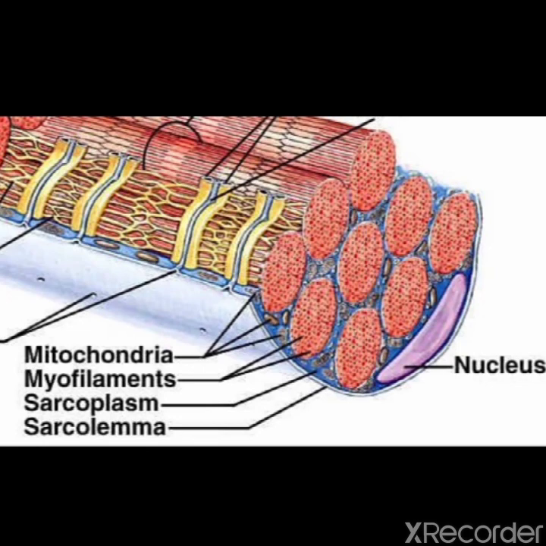One more important point: in muscle cells a special type of cytoplasm is present, which is known as sarcoplasm, given in blue color in the diagram. This blue part is sarcoplasm, a special type of cytoplasm present in muscle cells.